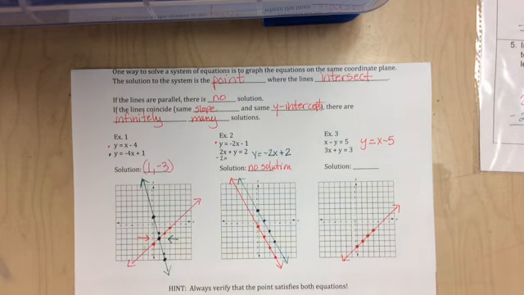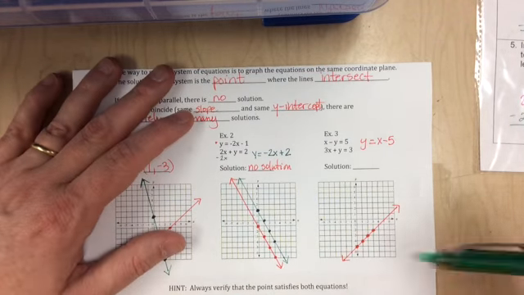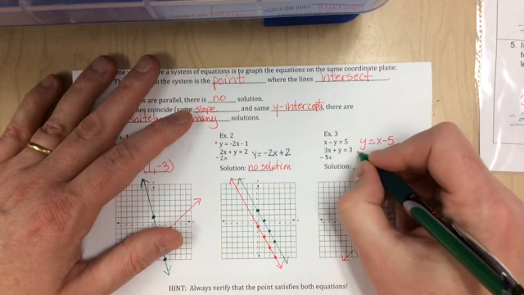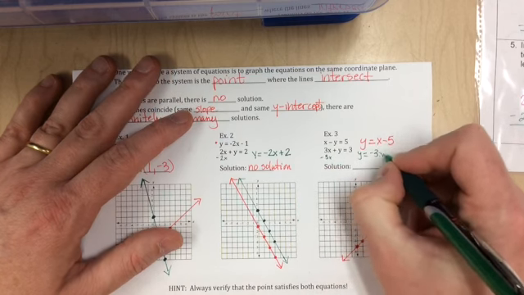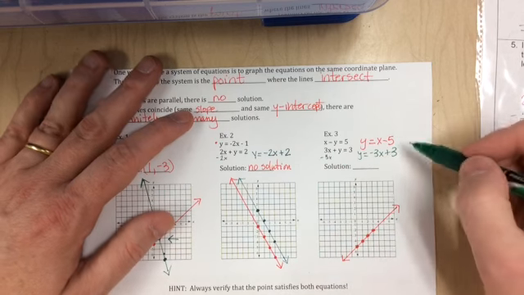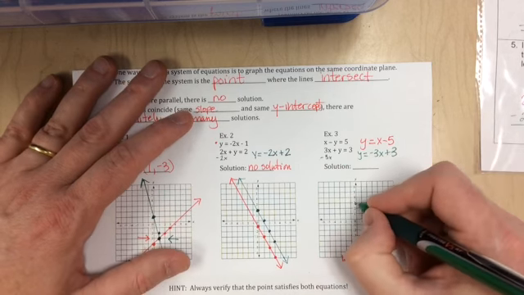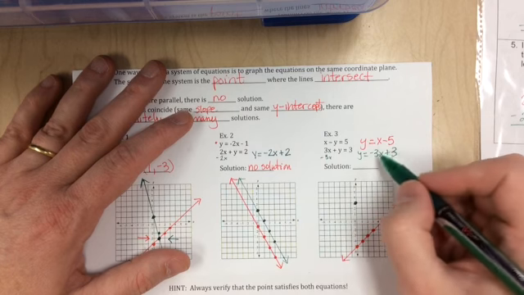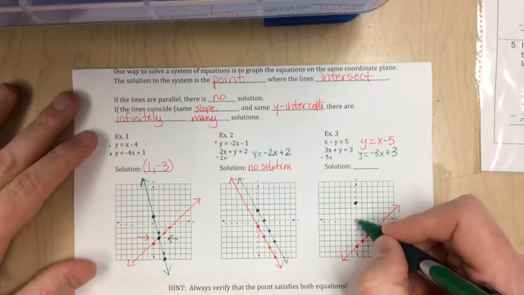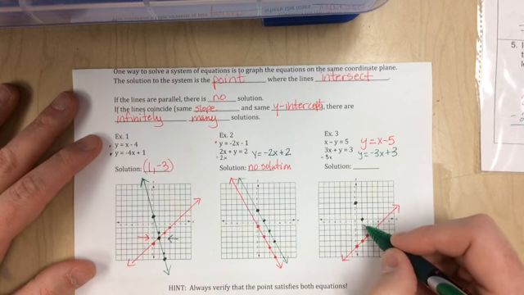And then now I'm going to subtract 3x from both sides, and so we get y equals negative 3x plus 3. So I know that my y-intercept is positive 3, my slope is negative 3 over 1, which means I go down 3 to the right 1. I think I did that one correctly. Down 3 to the right 1.